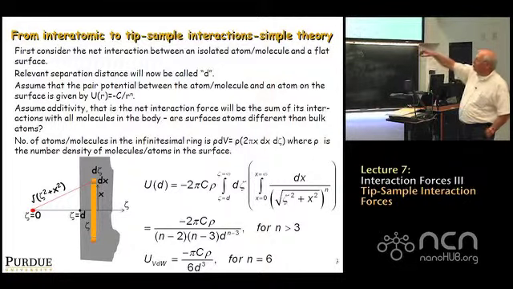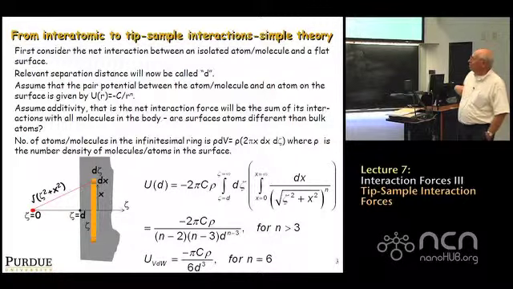The argument is pretty simple. We're going to take this assumed minus C over r to the n interaction energy and integrate it systematically over the entire substrate. We do that by breaking the substrate into little rings, right? The radius of the ring is this parameter x.